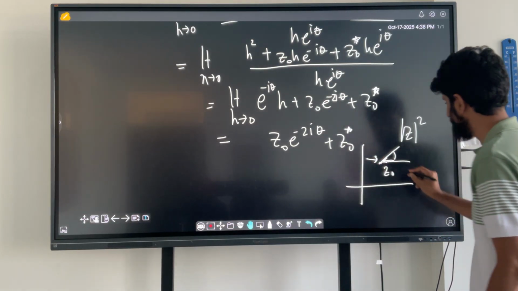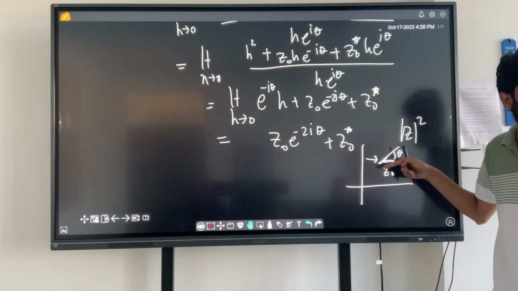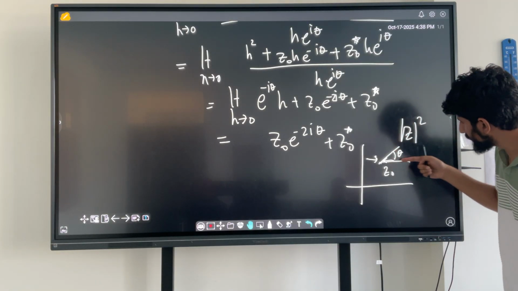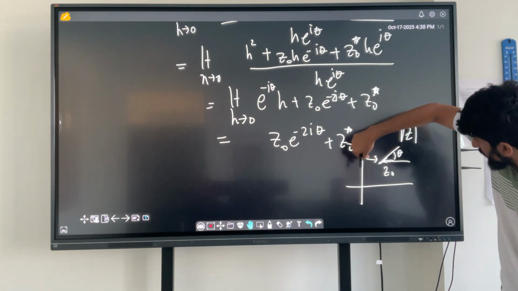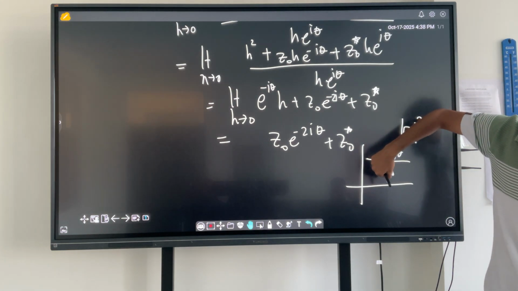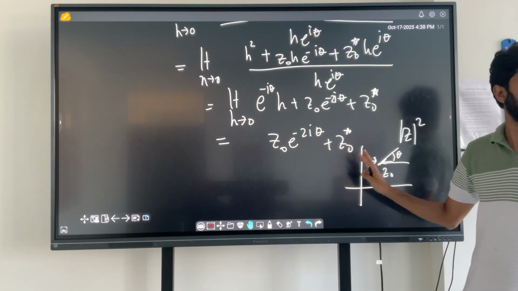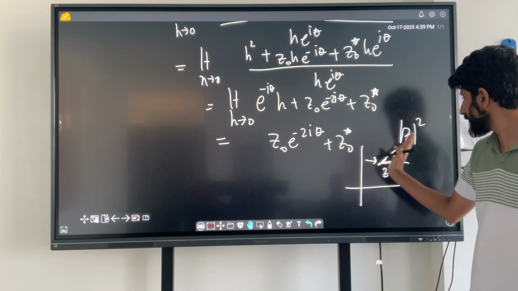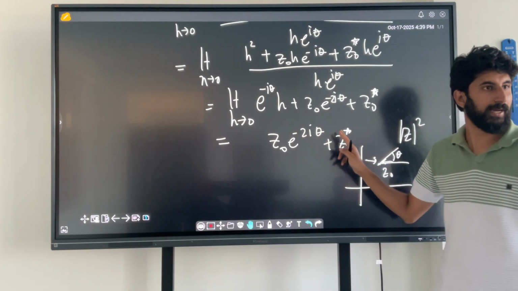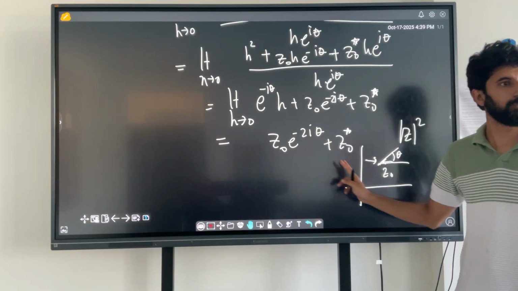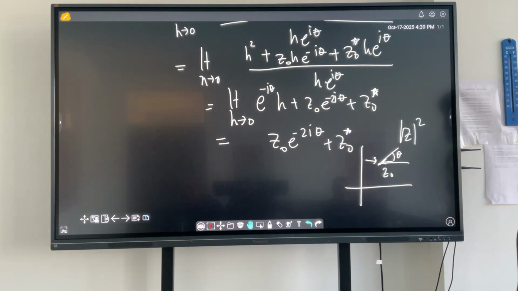Remember, this is the complex plane, and theta is the direction you are approaching this point. Theta equal to 0 is approaching like this, theta equal to 2 pi is approaching like this. Theta equal to 0 gives z naught plus z naught star. Theta equal to pi gives e^{-2 pi i}, which is just 1, still z naught plus z naught star. So this way and this way, it is the same.